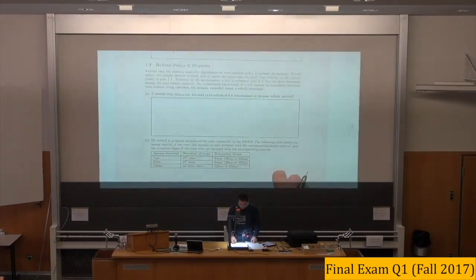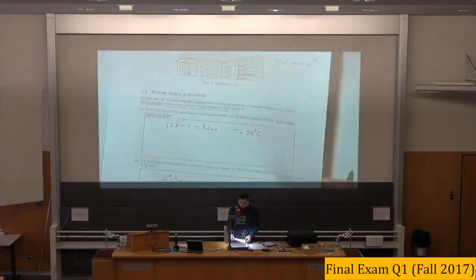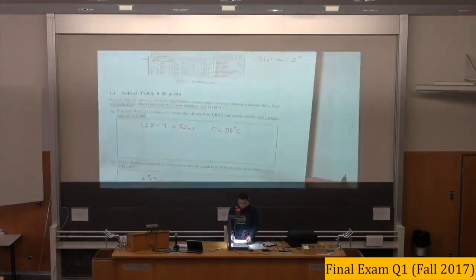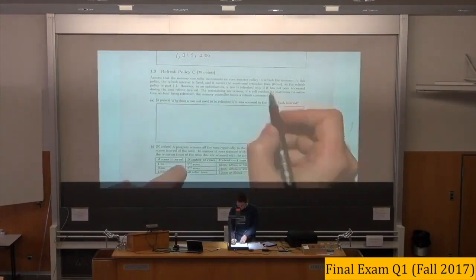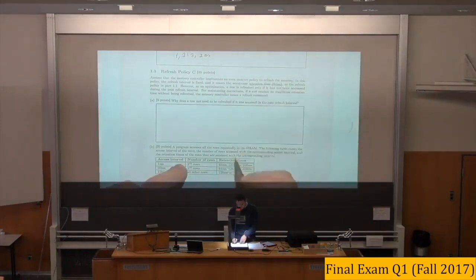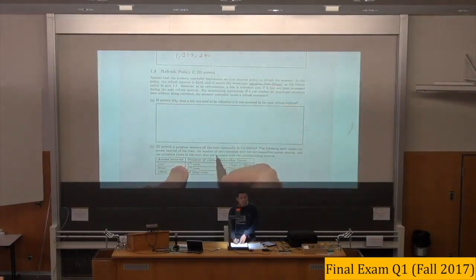Let's jump to the third one. Basically, this is the same policy as the first one, where we take the worst case in the retention time, and then the memory controller refreshes all the rows based on this retention time. And the retention time is actually given also here. So the memory controller will refresh all the rows every 64 milliseconds.